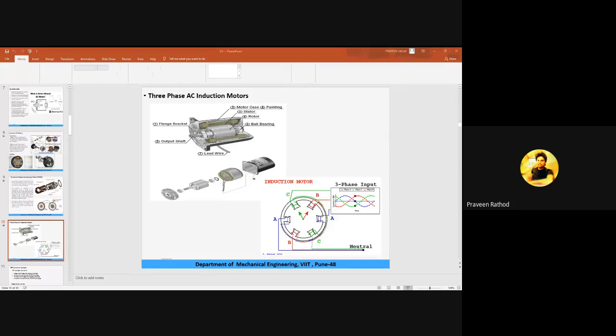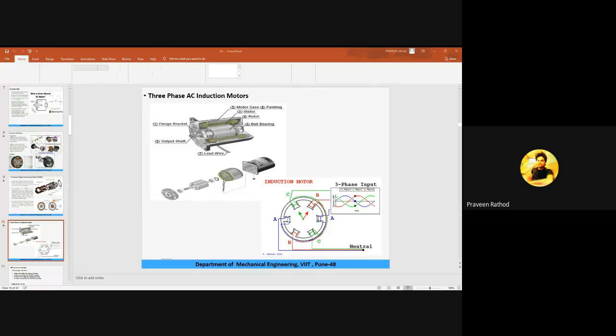To protect both the stator and rotor, the stator frame is used outside, which is made up of cast iron. With the help of cast iron we protect the inside parts, the stator windings as well as the rotor.